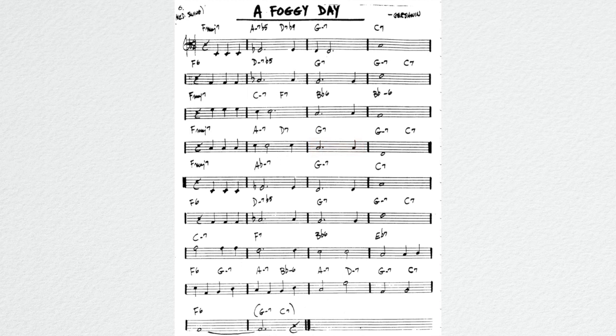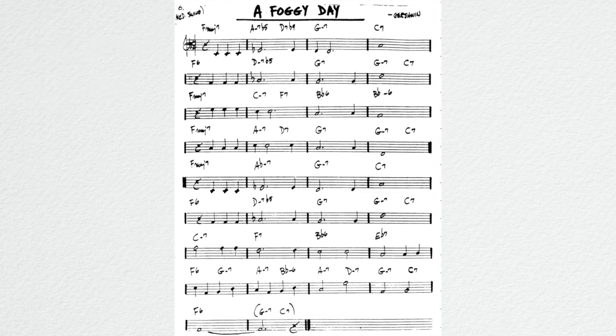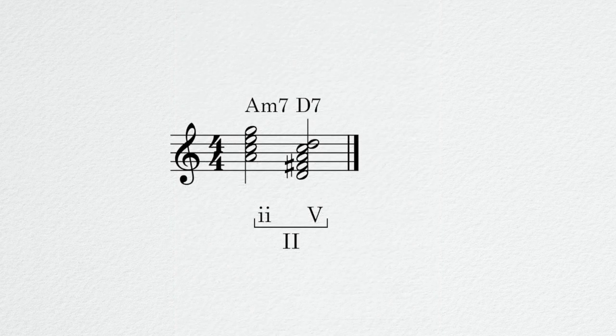So this is kind of a hybrid, right? We're expecting to go to a major chord, and we do, but it's a major chord with a dominant 7th in it. So what do we do? Well, we still call it a 2-5 of a G major chord, and since G would be the 2, but a major 2, we just write a major Roman numeral 2.